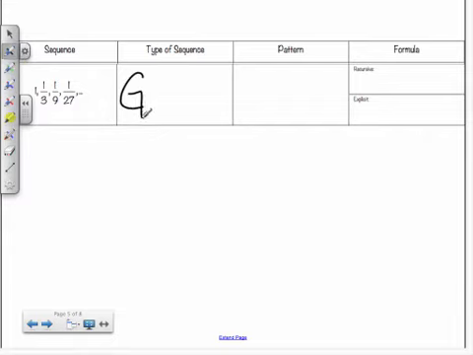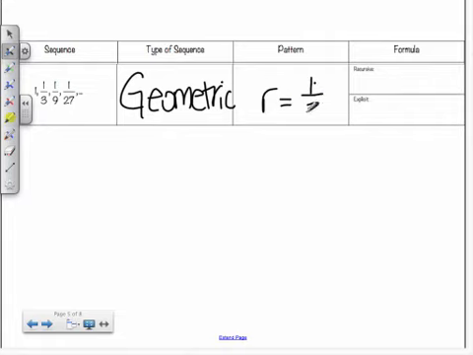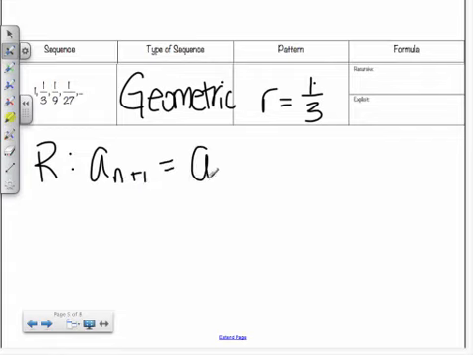Okay, so I'm going to say that this is geometric, which means that I have to find my r, and my pattern is that it is being multiplied by 1/3 each time. Okay, so now let's find our recursive sequence. Now our recursive sequence is going to be a sub n plus 1 equals a sub n multiplied by 1/3.